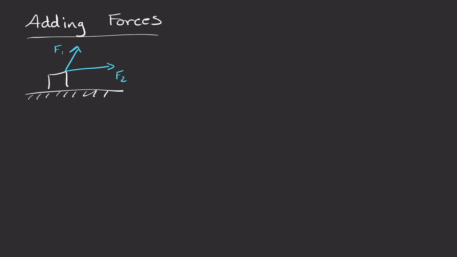Then we can add them together using our rule for adding vectors, either the triangle or parallelogram rule. This is what we call the resultant force. Sometimes this is given a vector R, but I like to use F sub R for resultant force.